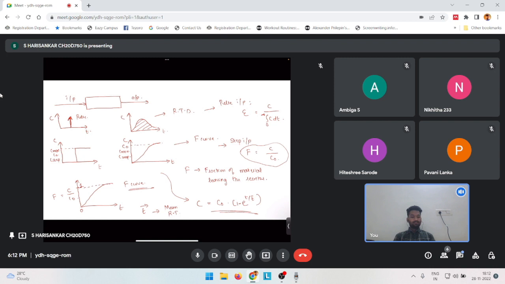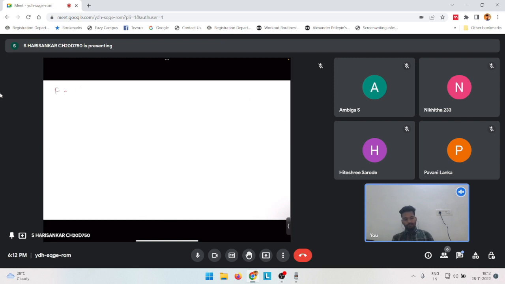So this is one of the basic relationships that we can get from the C curve for a step input, which is C equals C0 into 1 minus e raised to t by t bar. And we can also have this relation, F is equal to C by C0.